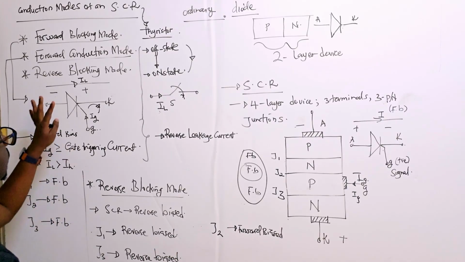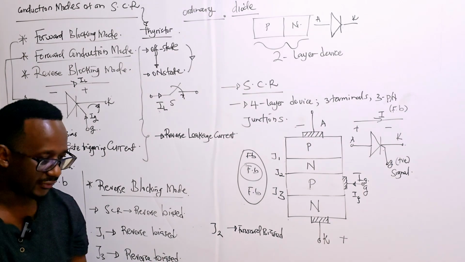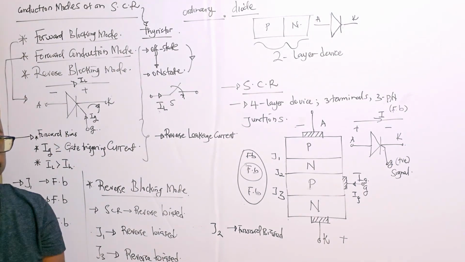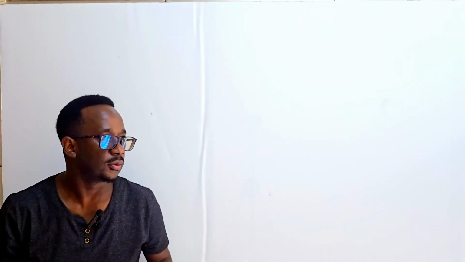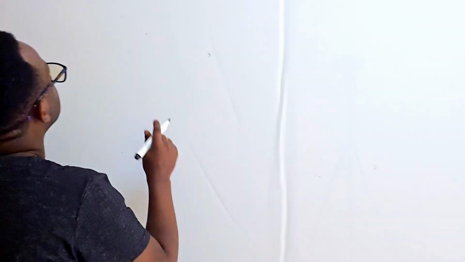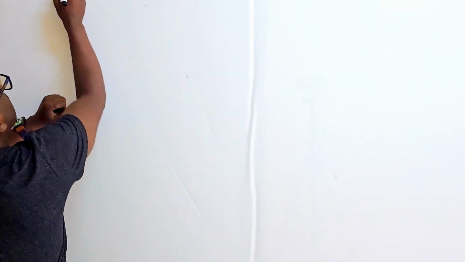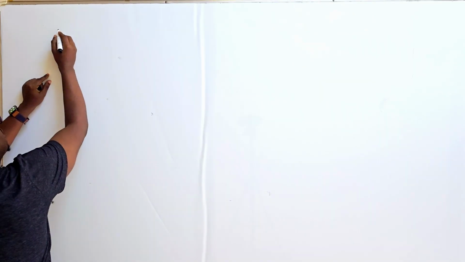So let's represent what we've discussed for now on an IV characteristic graph. All right, so before we go to the static characteristics, IV characteristics of an SCR, let's recap on something I discussed way at the beginning of the course unit, in the very first lectures. So let's look at a scenario.